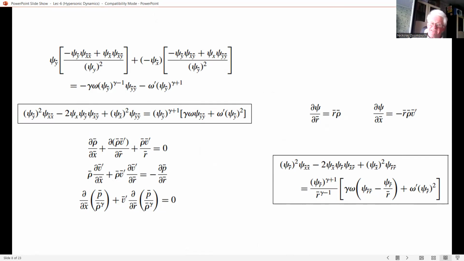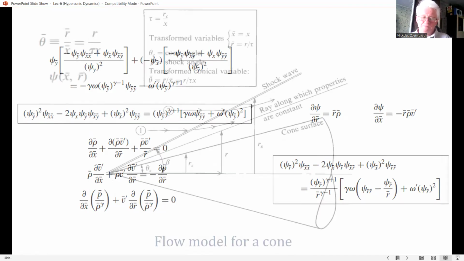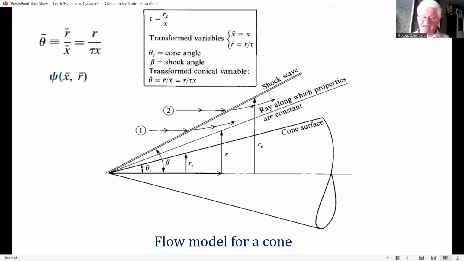And for this case, we take advantage of the nature of conical flow, namely that flow properties are constant along any ray emanating from the cone vertex. Now, consider we have the sketch shown in this slide.